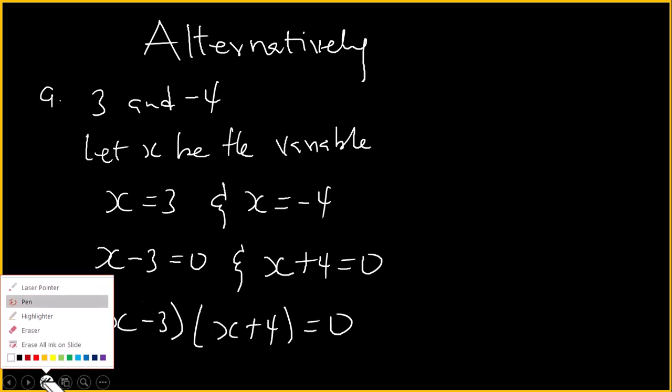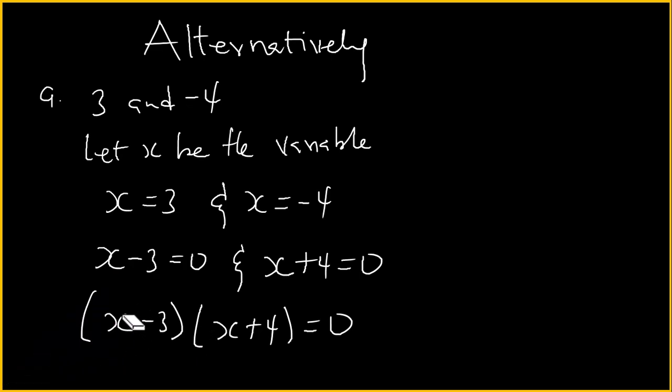Now x by x gives us x squared, x by 4 gives us plus 4x.